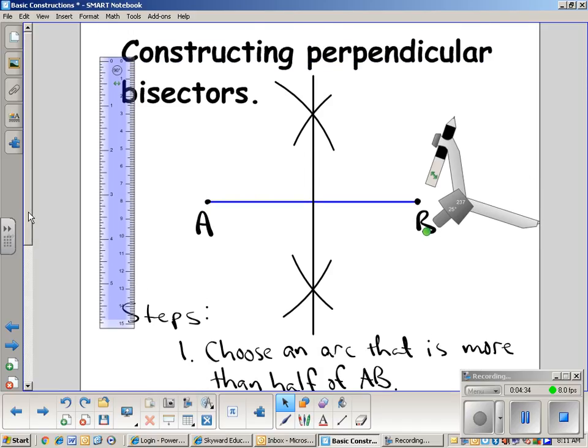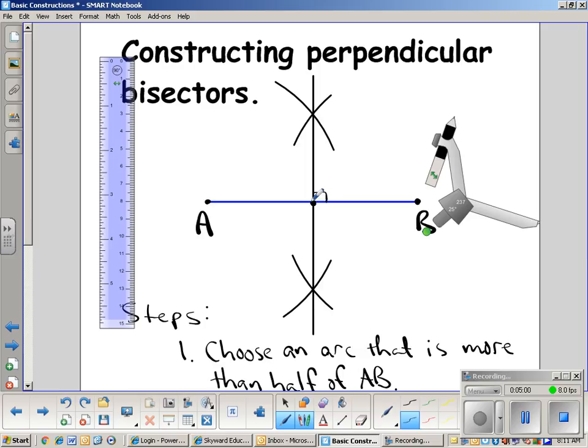So, if I'm constructing a perpendicular bisector, then when I'm done, this black line I just drew is going to be perpendicular to the blue line I started with, the segment. Okay? And it's going to pass through its midpoint.